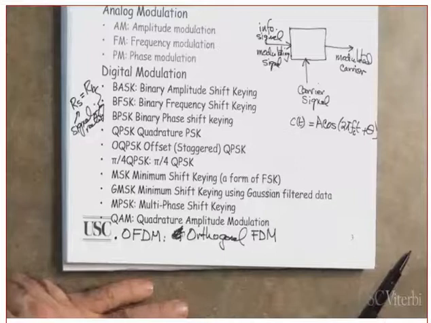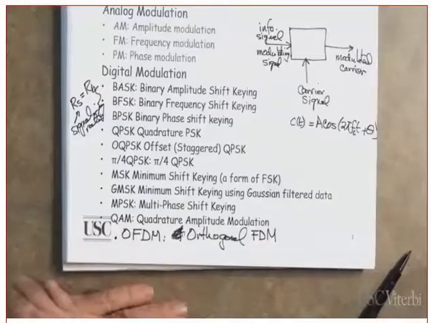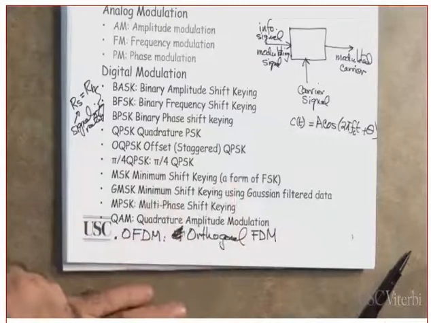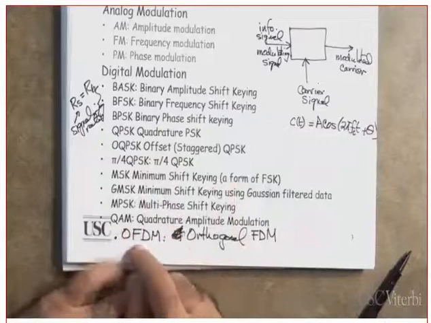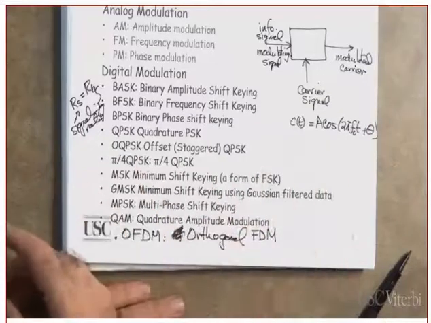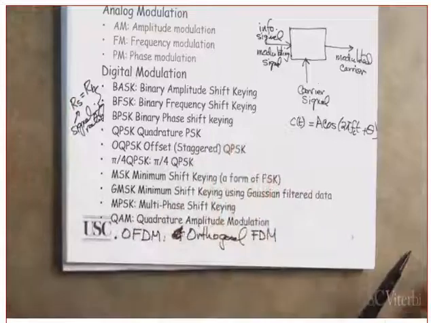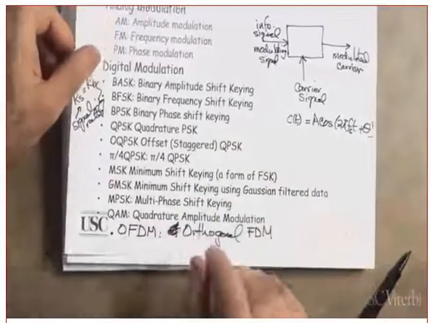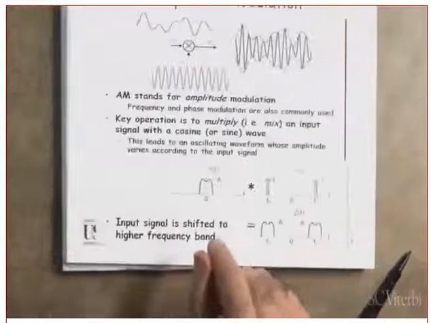I'm not sure if this is a part of 535. However, I will give you enough of it to be able to talk with people about it, to discuss it in interviews, and so on. I don't want you to just say that OFDM stands for orthogonal frequency division multiplexing, and then they ask you what does that mean? You tell them, I don't know, next semester. I don't want you to do that. Clear? So I will give you an overview on this one as well.